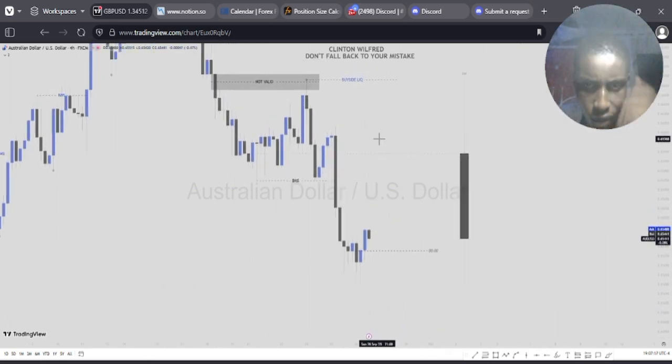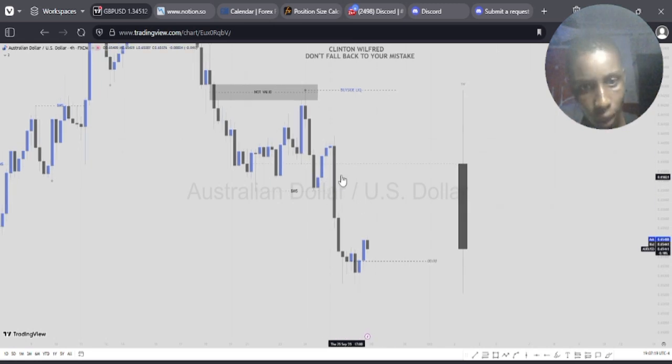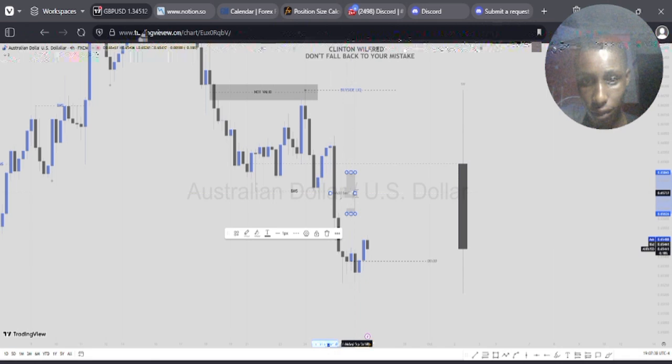So right here on ADS, I'm looking at price. You see, the market is fractal, price is fractal. We have an FVG on higher time frame and we have an FVG on lower time frame. So I'm expecting price to also trade higher to this level of imbalance for a possible short setup.